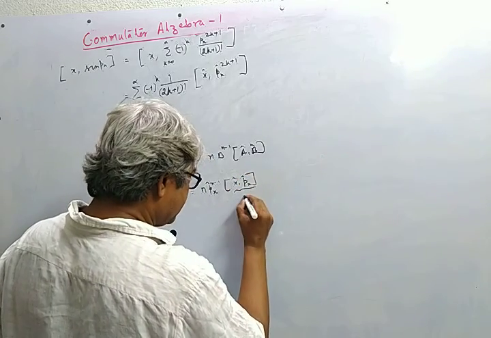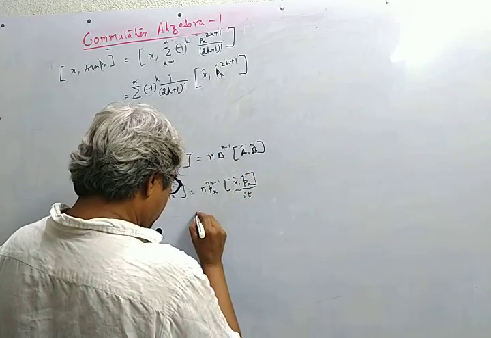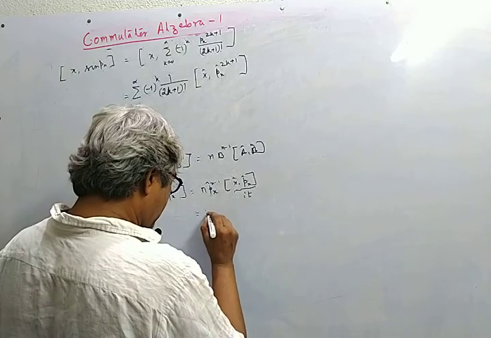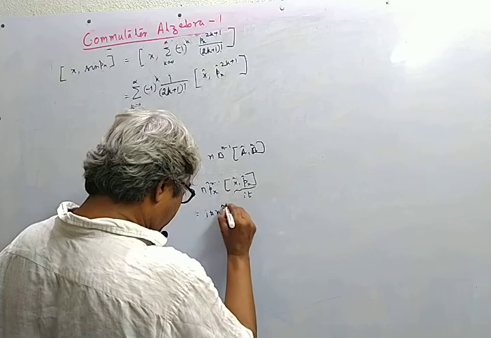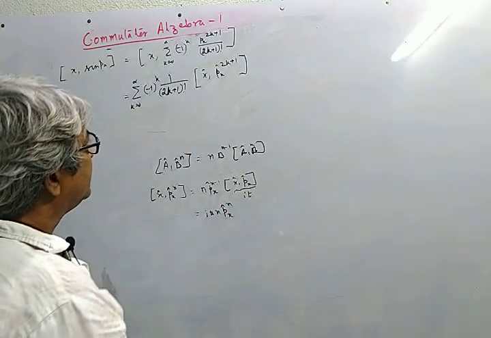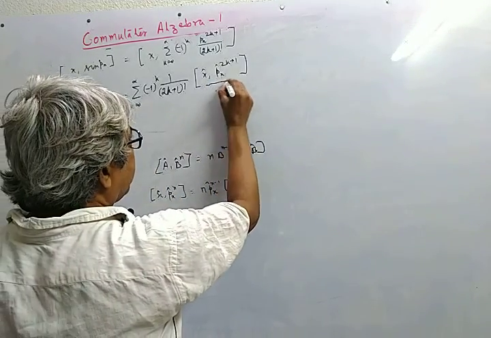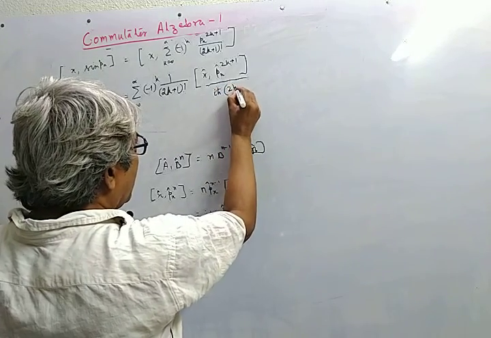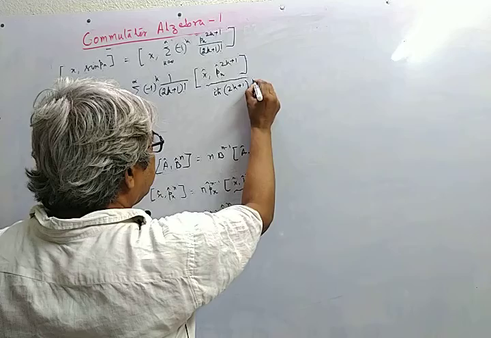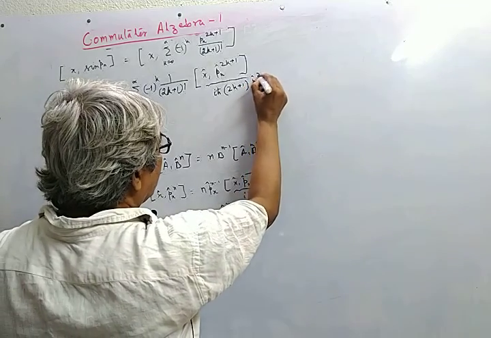This is i h cross times identity. So this is i h cross n px to the power n minus 1. So this part is i h cross times 2k plus 1 times px to the power 2k.